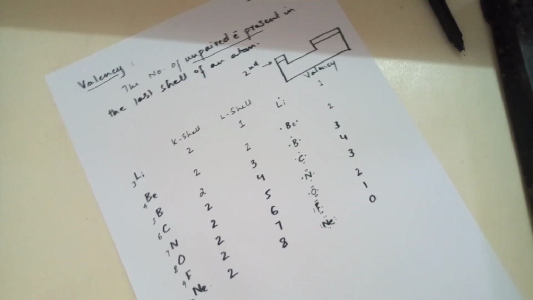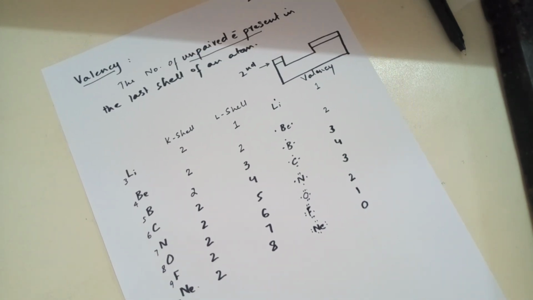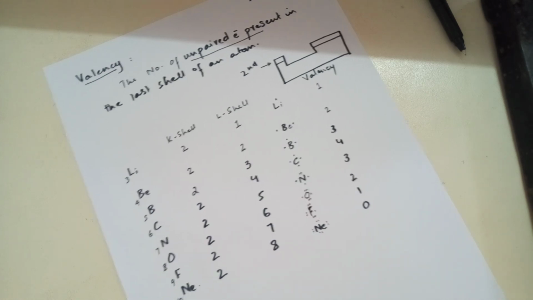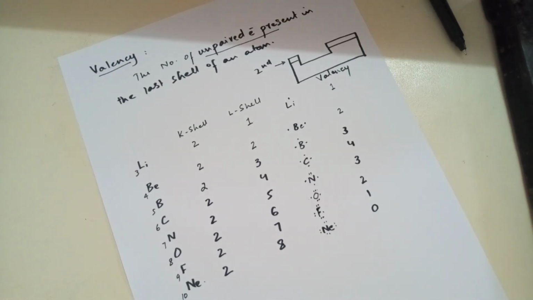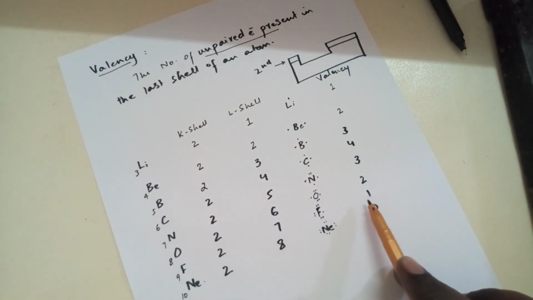So how we can determine the valency of each atom is quite logical and quite easy. Now for example, if I ask you one question like tell me the name of an atom whose valency is 1, you're probably thinking about lithium, but it might be possible that I'm talking about fluorine.